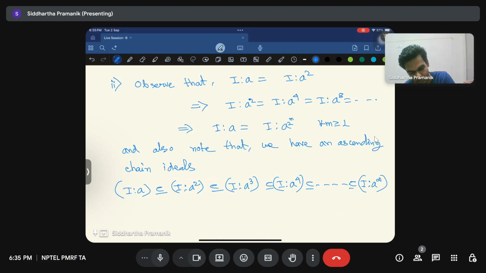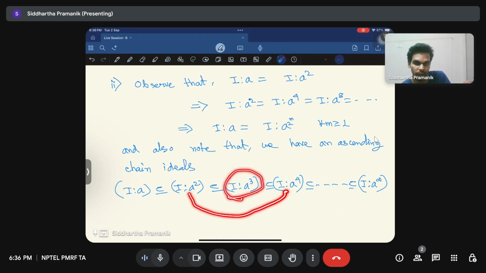Now, this equality is given, and from this we have proved that this is equal to this. So these two ideals are equal, so whatever is in between has to be equal. Similarly, here we have I colon A power 8, which is equal to I colon A power 4. So whatever is in between has to be equal.